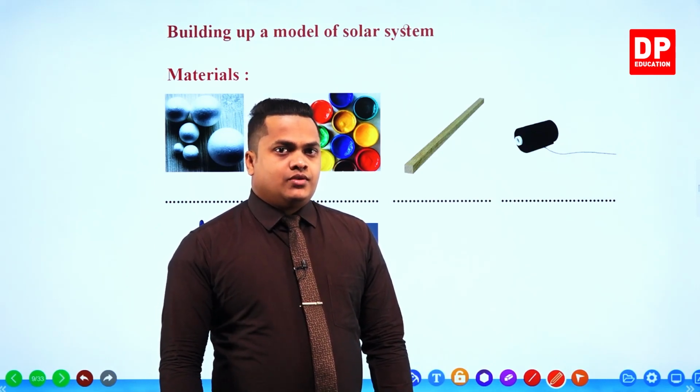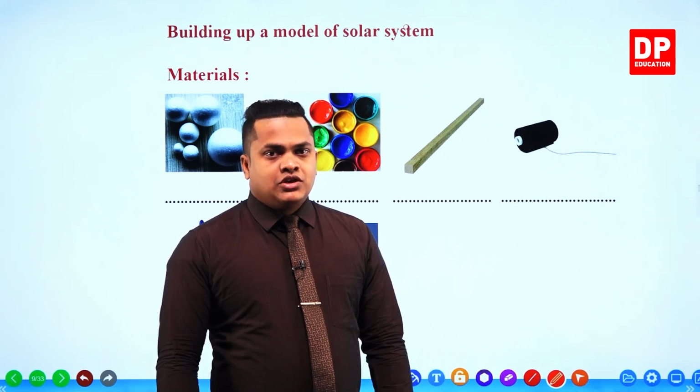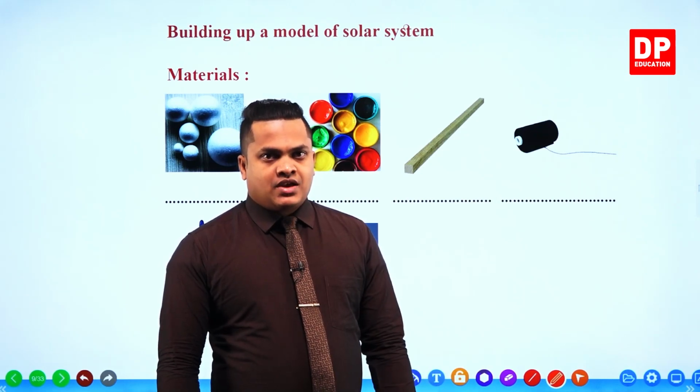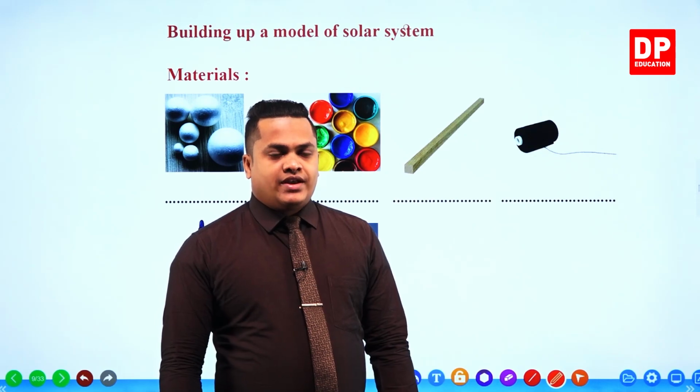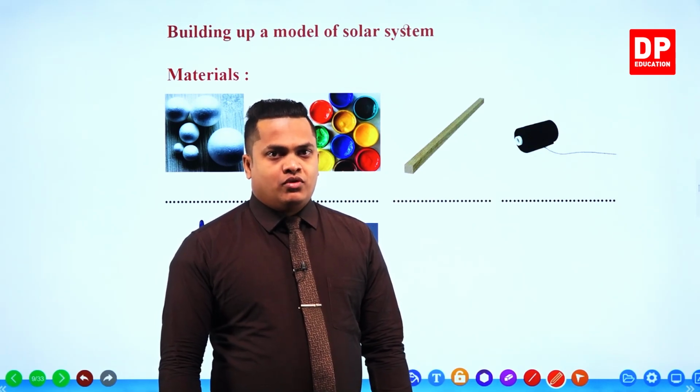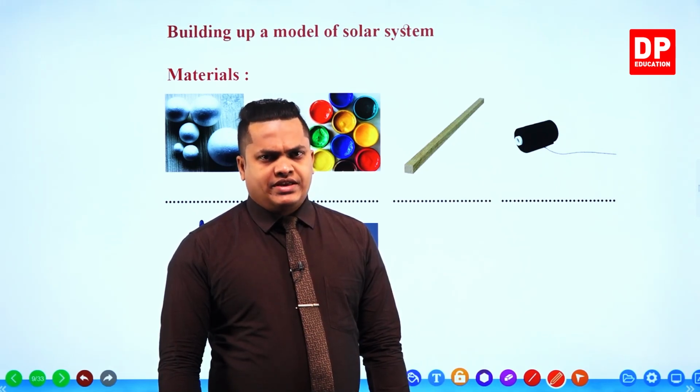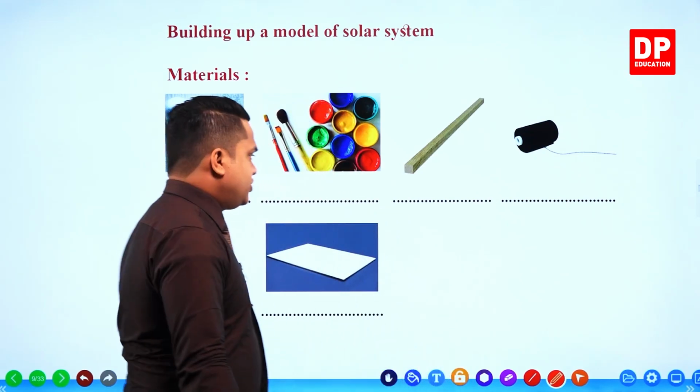These balls can be rubber balls, plastic balls, or the easiest one to find, styrofoam or rigiform balls. If you want, you can use any other material as well, but rigiform balls are quite easy to find.